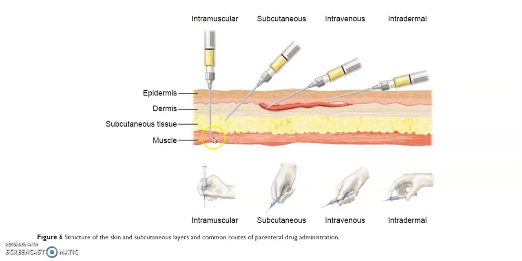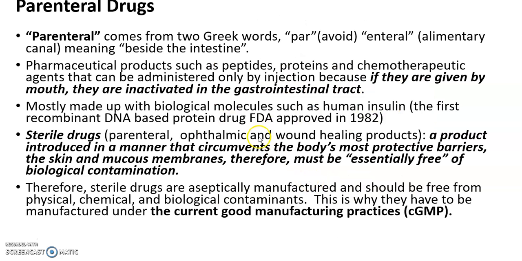And then subcutaneous is a little less penetration than intramuscular injection, but it's normally given to the fat tissues in your body. And then intravenous is through your blood vessel. And then intradermal is right below your epidermis. Okay, so different ways of giving injection.